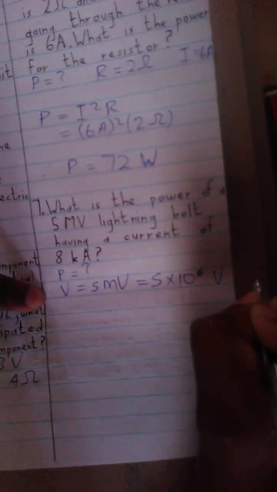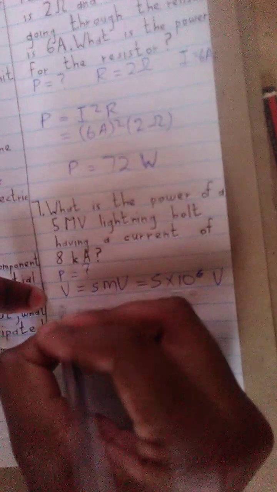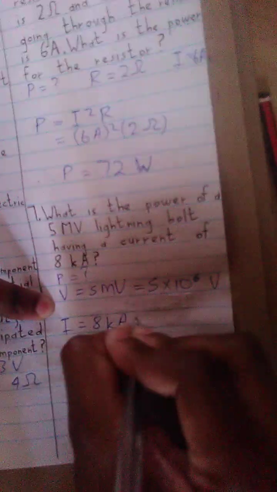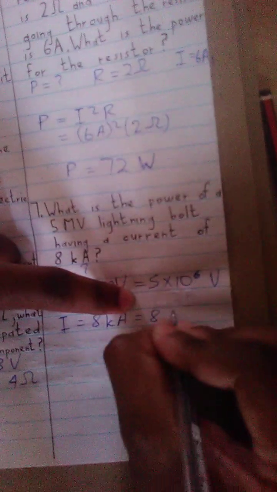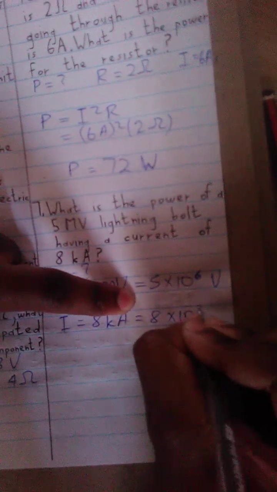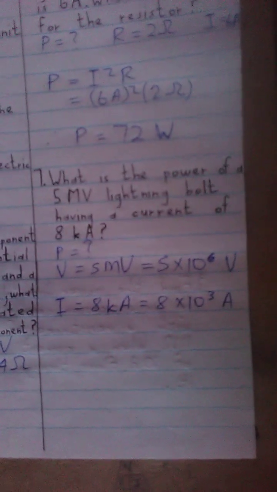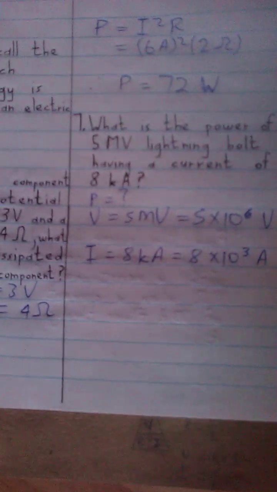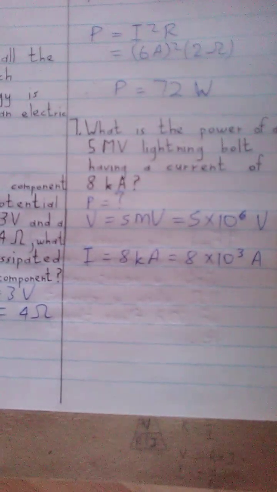Mega is million volts, right? And then current is 8 kiloamperes. We know that kilo is 8 times 10 to the power 3 amperes. The formula that has V and I, so P is equal to VI.